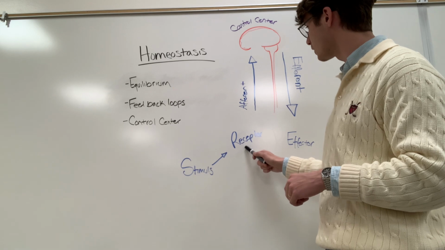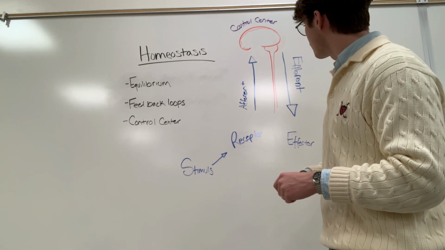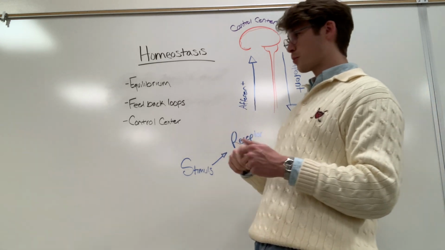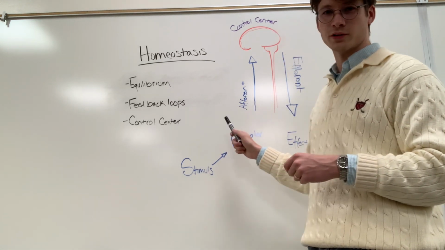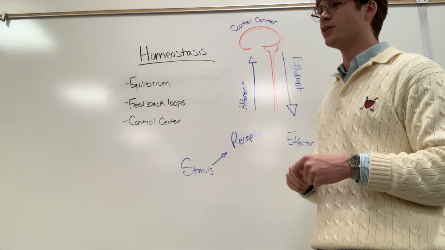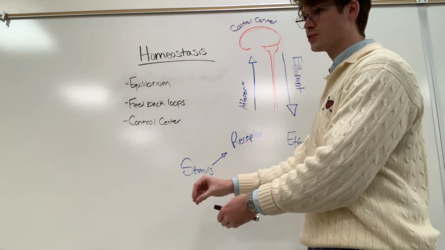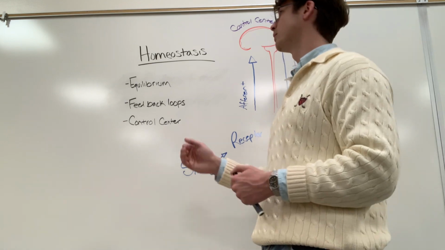So there's a change in temperature, it's a stimulus, and our receptor receives that information. There are two pathways. One is called the afferent pathway, which is the pathway going from the receptor to our brain.